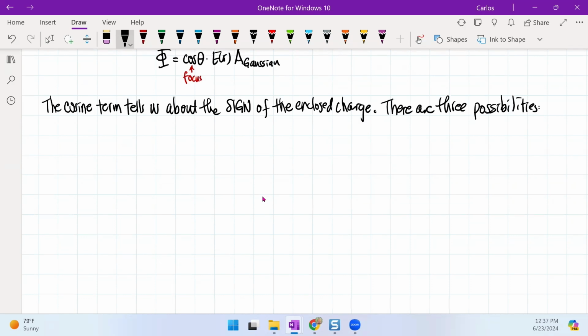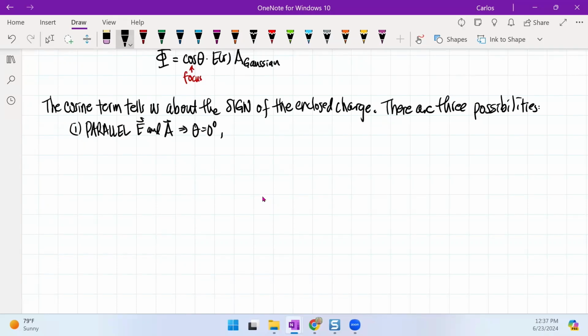And here they are. One, if they're parallel, so we have parallel E and dA, that implies that theta is equal to 0 degrees.